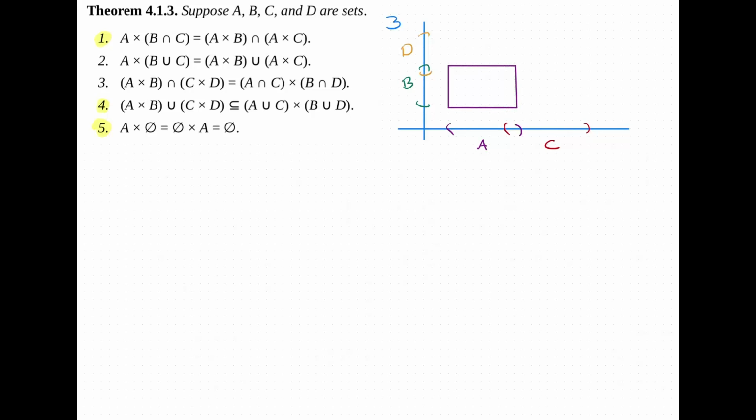And so that's the Cartesian product of A with B. And then if we take the Cartesian product of C with D, that's going to give us the following. And so now we're going to have, here's the C starting over here.